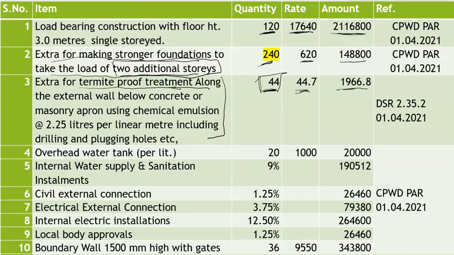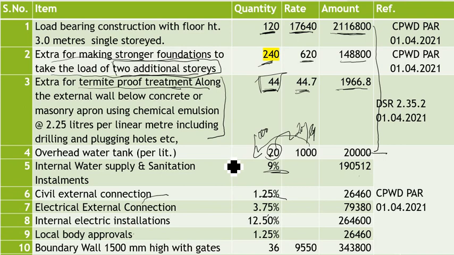Overhead water tank: 1000 liter is the capacity, and 20 rupees per liter is the rate, so it is 20,000. Internal water supply and sanitation, you have to take 9% of these costs. Civil external connections 1.25%, external electrical connections 3.75%, internal electrical connections 12.5%, you can add all these costs.